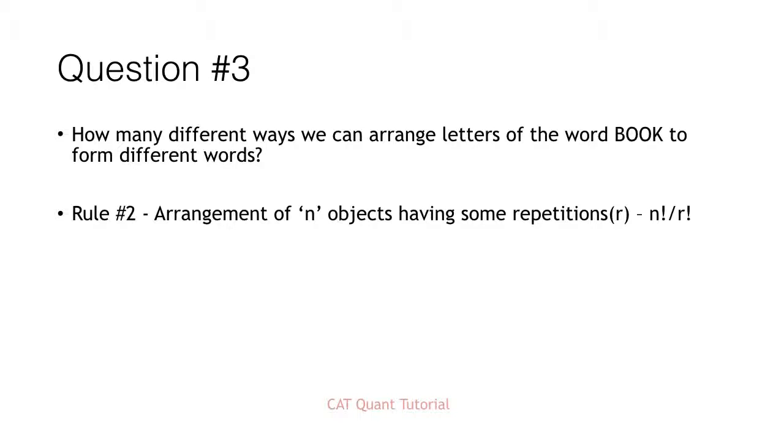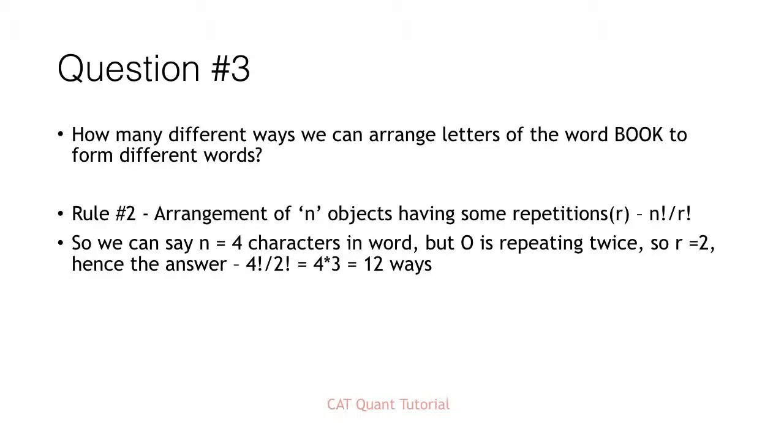There's an O which is repeating itself 2 times, so the number of repetitions is 2. My answer for the different words I can create out of the letters of the word BOOK is 4 factorial divided by 2 factorial. That is 4 into 3, that is 12 ways.